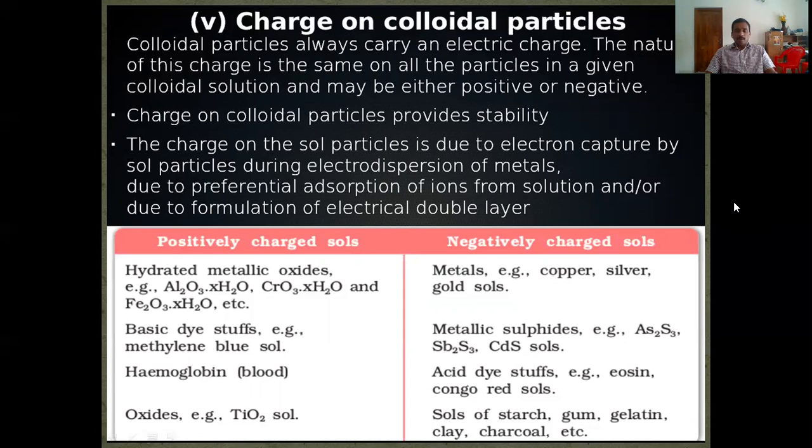The colloidal particles always carry a charge. And if you analyze, you can see all the dispersed particles have the same charge. If one of the dispersed particles is positive, all other particles will be positive.